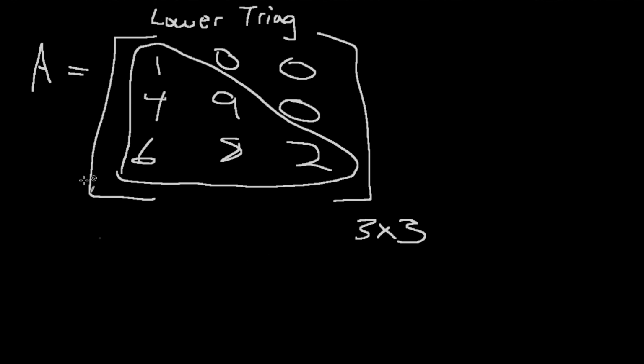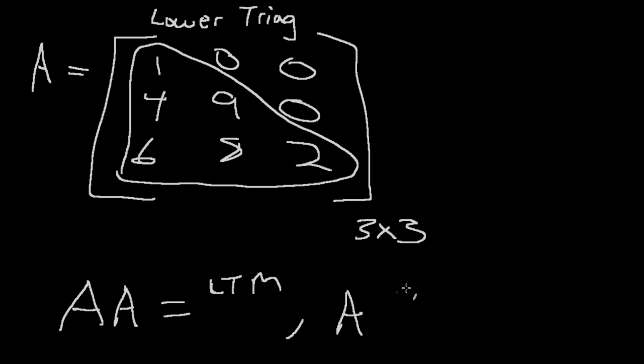So with this A here, if we were doing A times A, we'd end up with another lower triangular matrix, which I'll call LTM. And that goes the same for A to any power. So A to the 4th power, A times A times A times A, is still going to be a lower triangular matrix.